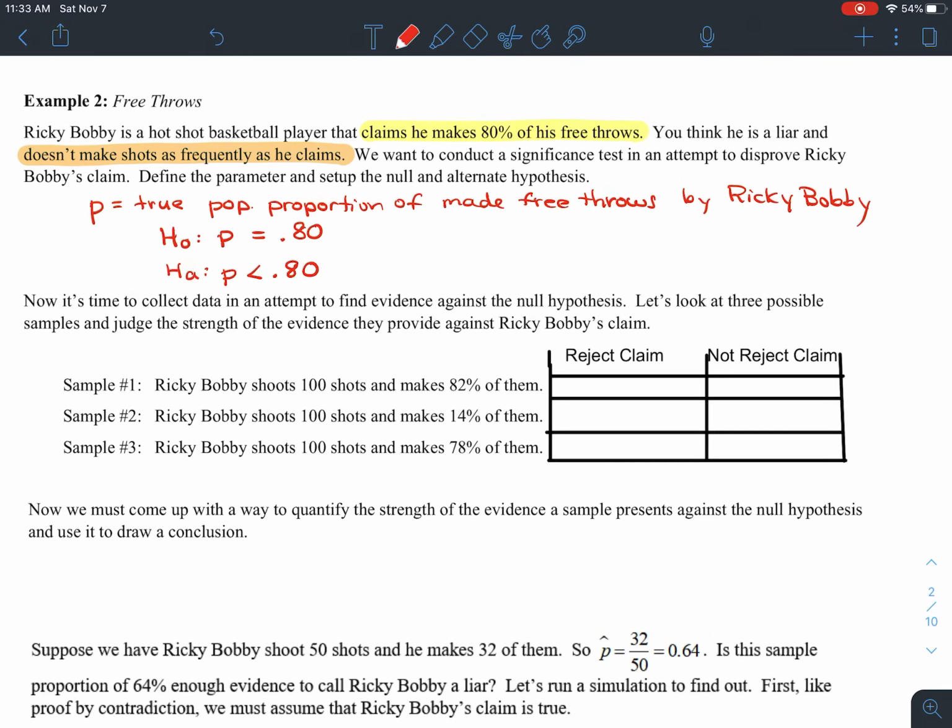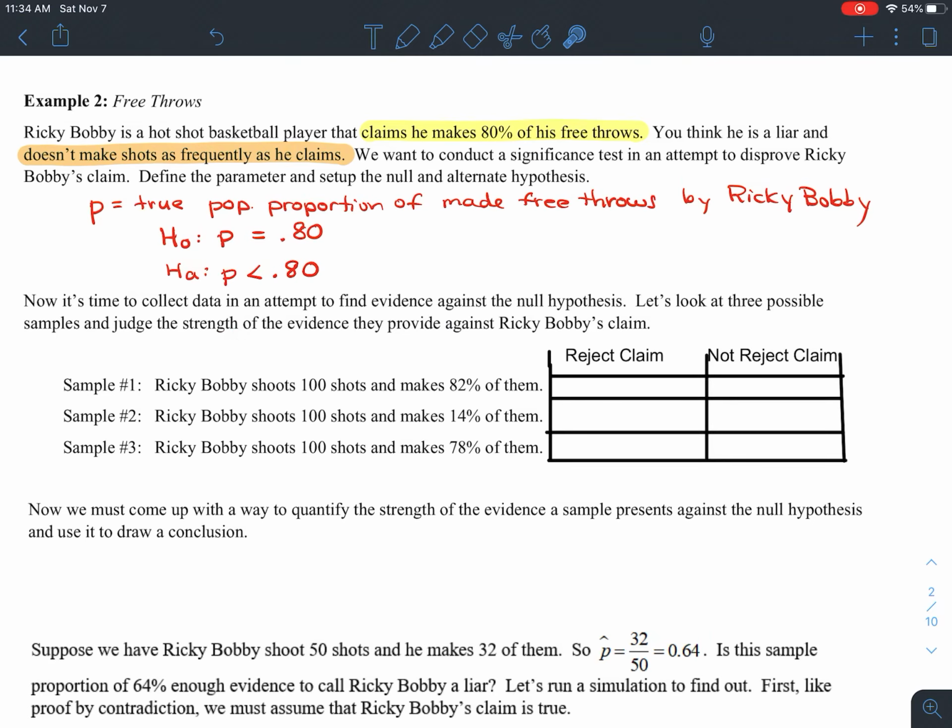Okay, so let's say that we were to collect data to look for some evidence that would go against his claim that he's an 80% free throw shooter. Let's look at just 3 possible samples to judge the strength of evidence from each against Ricky Bobby's claim.